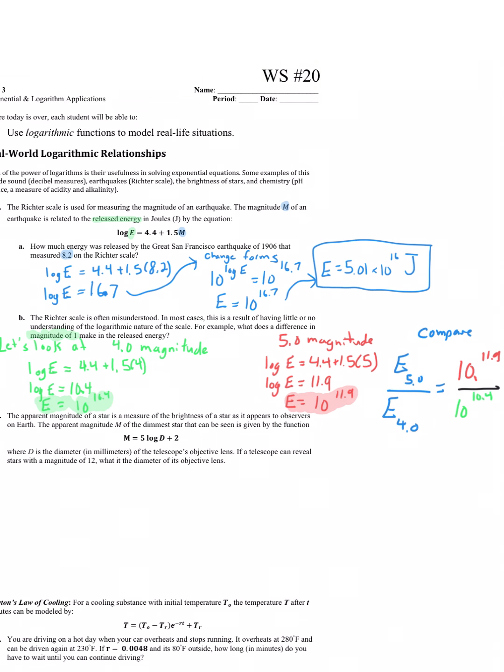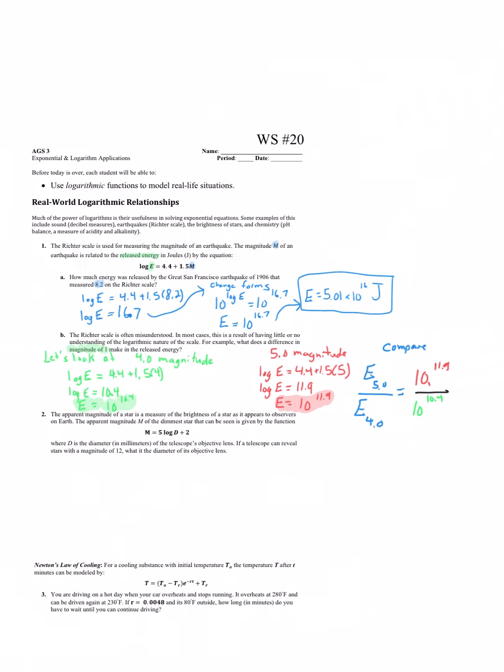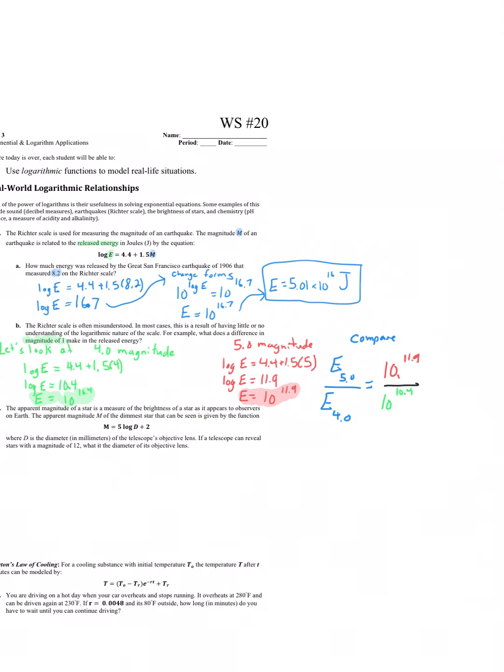All we're doing is creating a ratio to say what's the difference in strength of these two. And now I can put them in my calculator: 10 to the 11.9 power divided by 10 to the 10.4 power. And I come up with a number, 31.622.